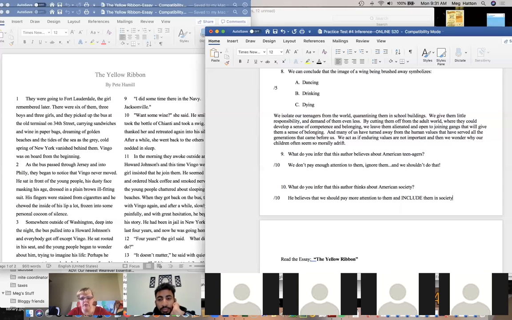We should include them. That's what he's saying. He wants us to include them. He's like, let them participate in the adult world. It says right here, by cutting them off from the adult world where they could develop a sense of competence and belonging. That's what he wants. He wants them to be included.